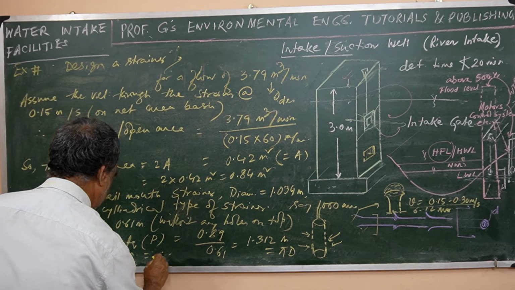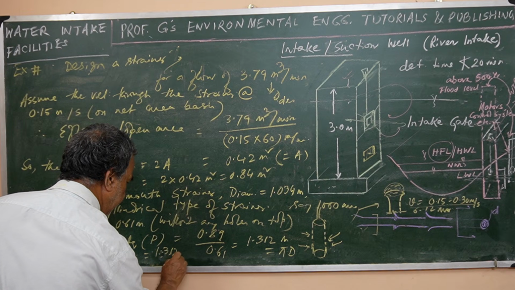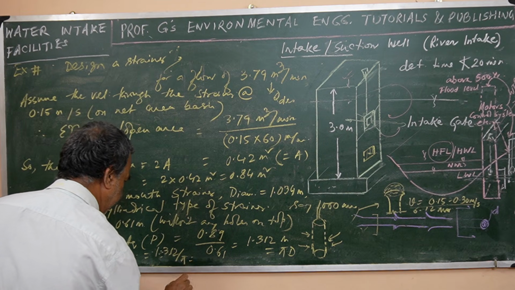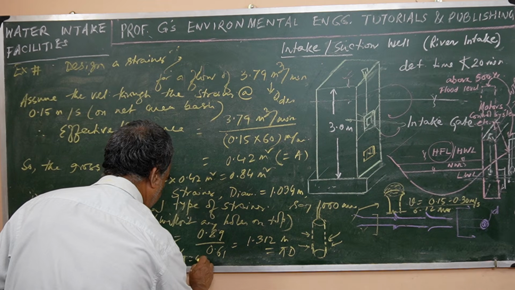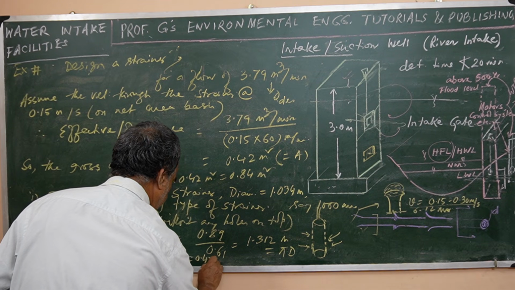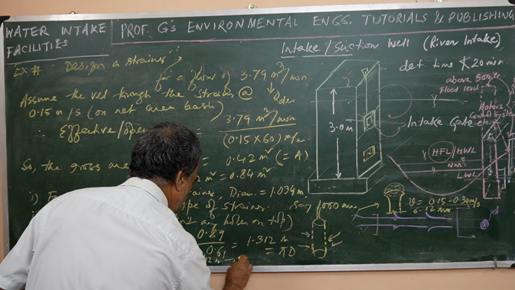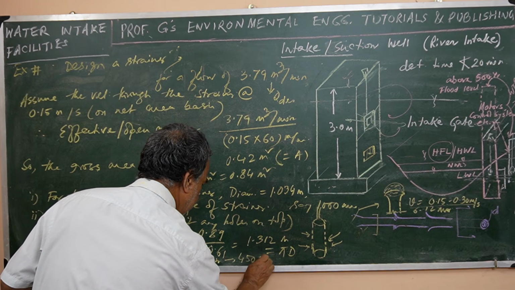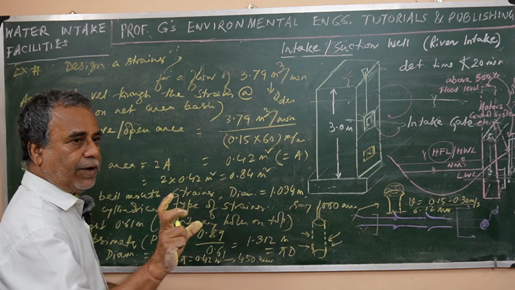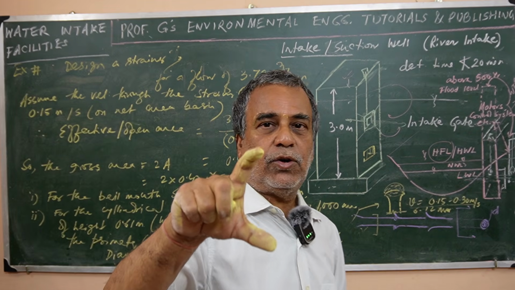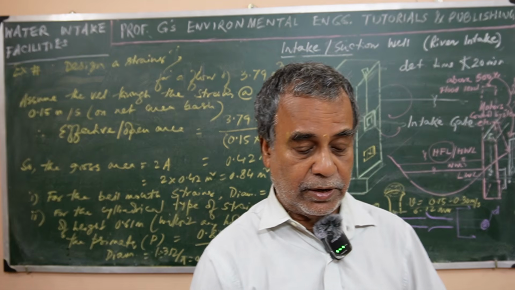So this would be 1.312 divided by pi, or 3.14 or so, that would be 0.42 meter, or say 450 mm diameter cylinder with a height of 0.61.